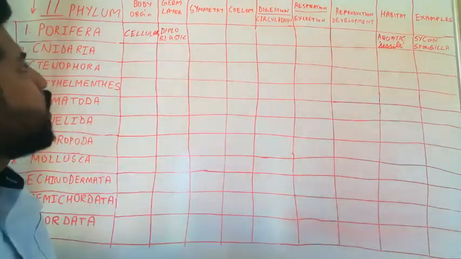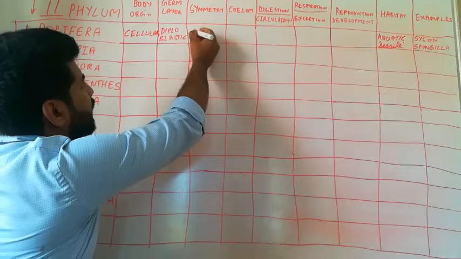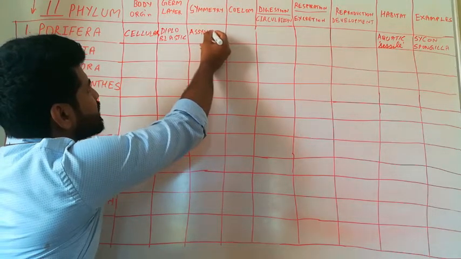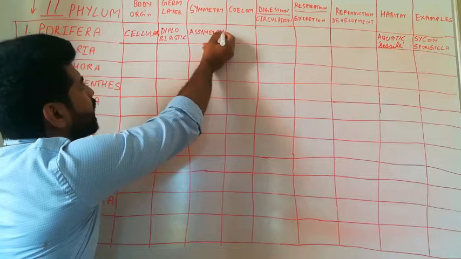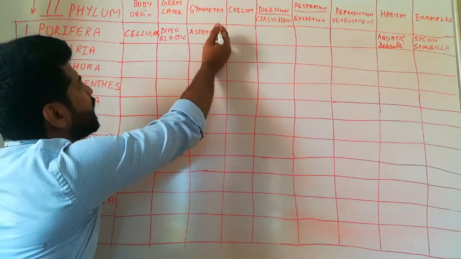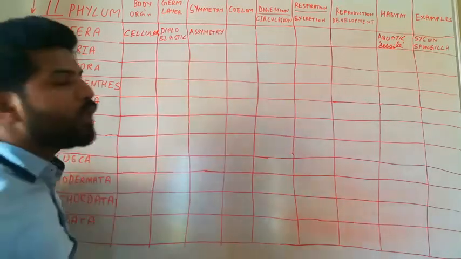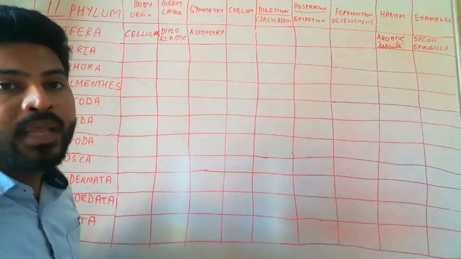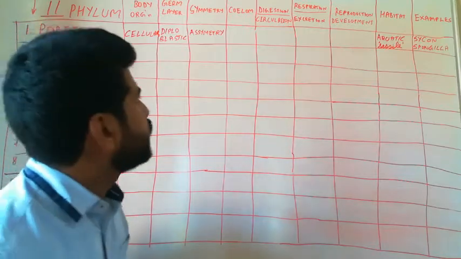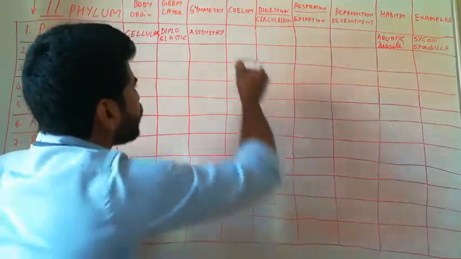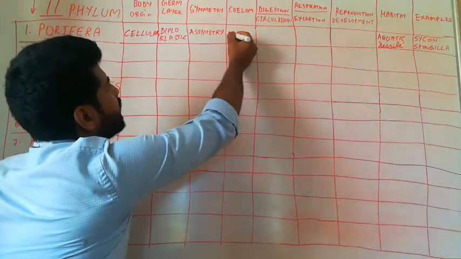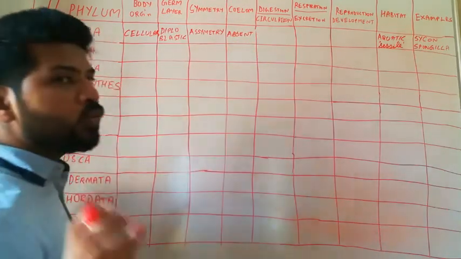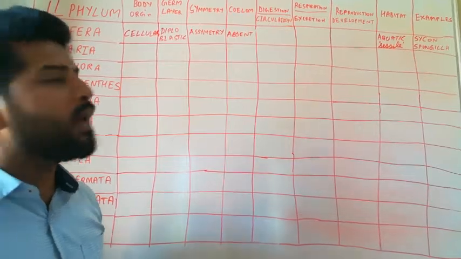These are diploblastic organisms, and as you already know, they exhibit asymmetry, that is, their body cannot be divided into two equal halves from any plane of axis. That is asymmetrical, and of course coelom is absent. There is no true body cavity.